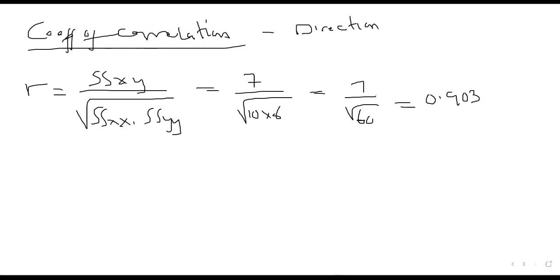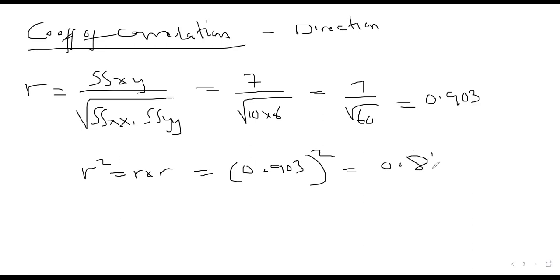Then we go to the coefficient of determination. We just square that answer we got. R squared or R times R. So 0.903 times 0.903, we get 0.816. So this means 81.6% of Y is because of X. That's what it means.